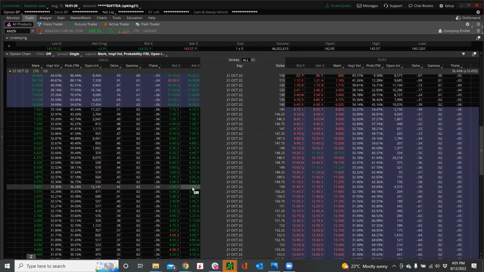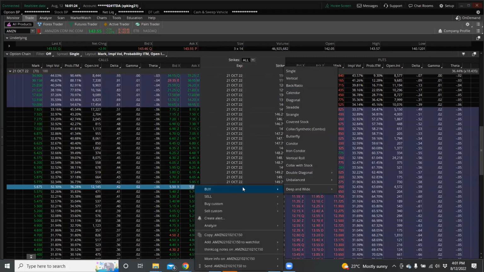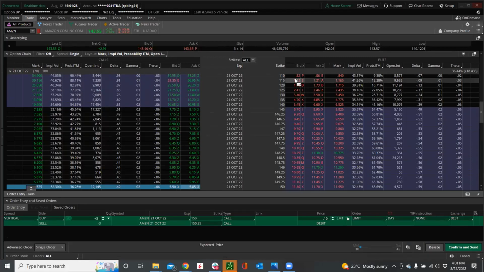So let's say if you right click on this and you say buy vertical right here. Okay. So right away that populates, and my default is set to 3 options. You can do as many as you want, but what this shows me right now is that I'm buying the October 21st $150 call.